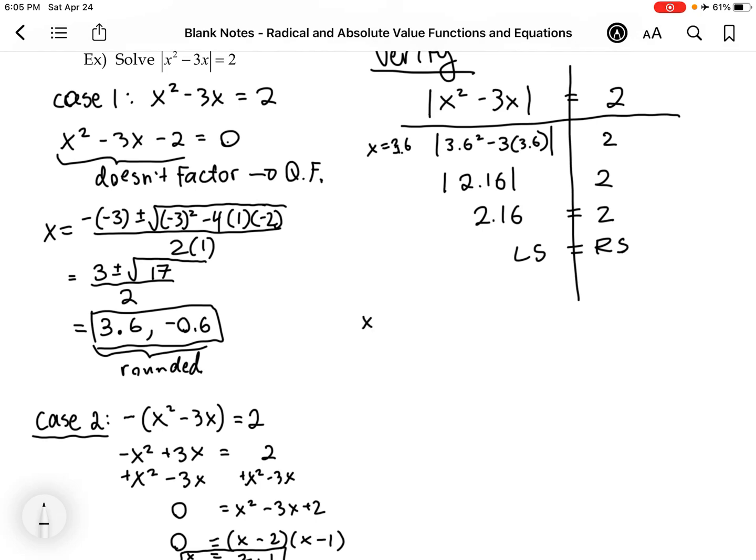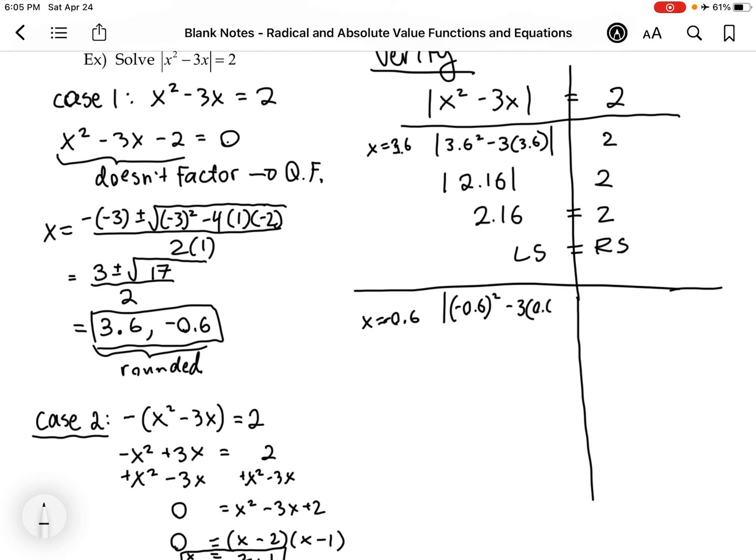Okay. If I test x equals negative 0.6, then I'm taking the absolute value of negative 0.6 squared minus 3 times negative 0.6, and that is also 2.16, right?